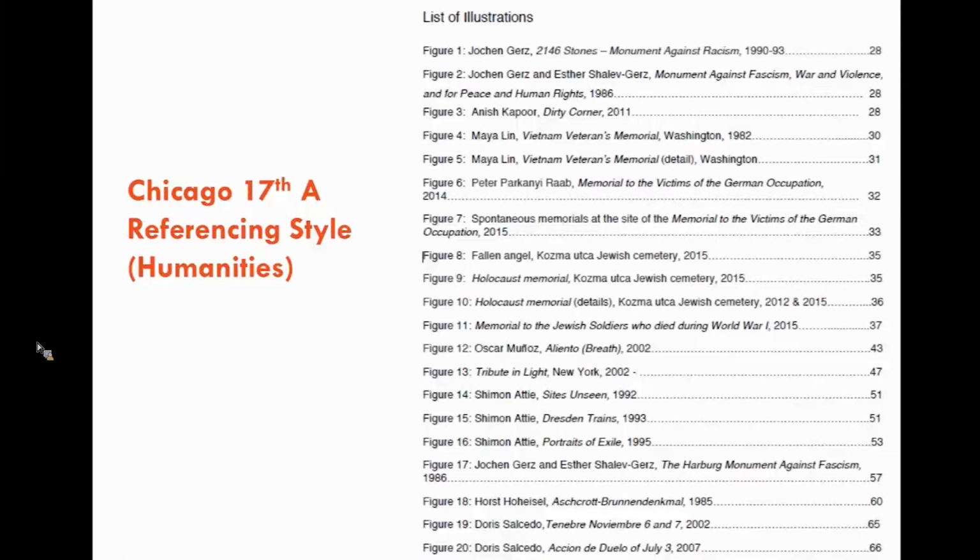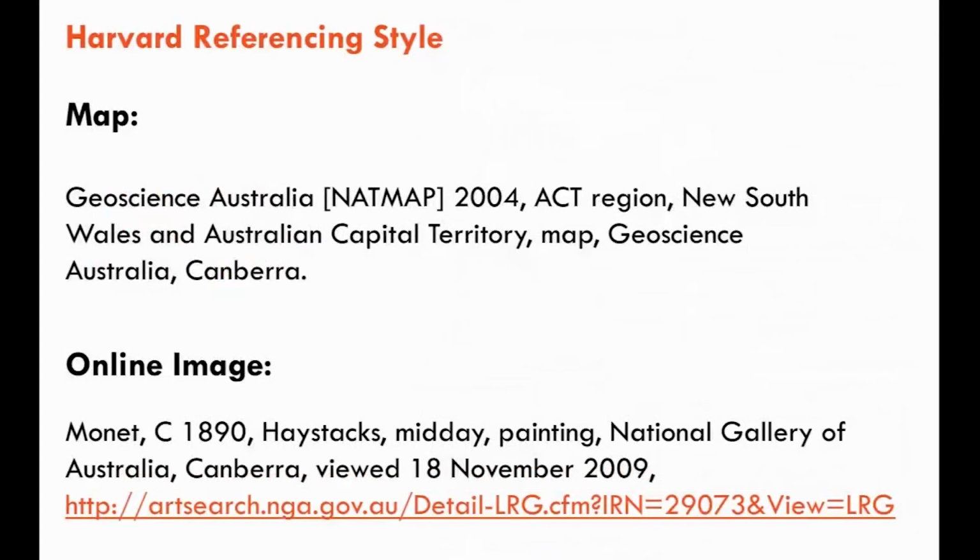So that shows you what Chicago looks like, which is a common humanities referencing style. This one is a Harvard referencing style, so you'll see that this is for a map and an online image. If, for instance, you found something that was a Creative Commons license, so instead of the HTTP one in the online image, you might have the Creative Commons attribution listed there.